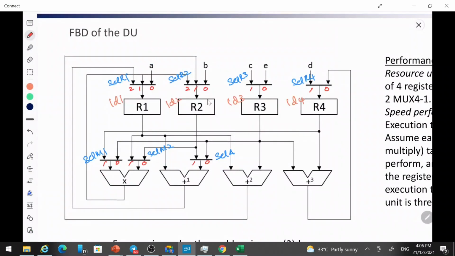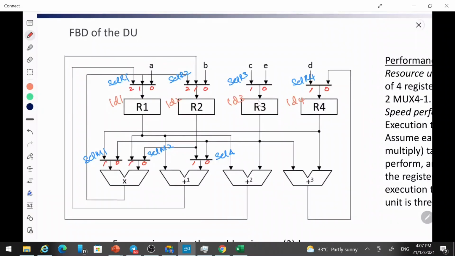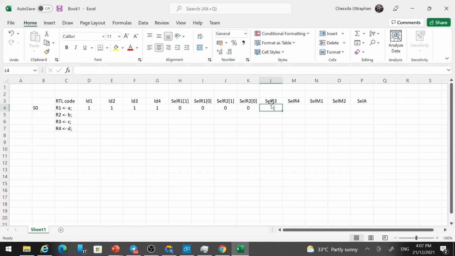And to select B to R2, SEL R2 should be 0, 0 also. SEL R3, because we want C, must be 1.